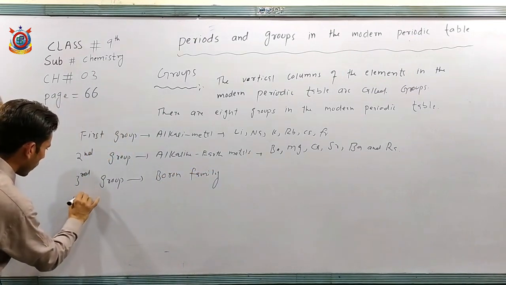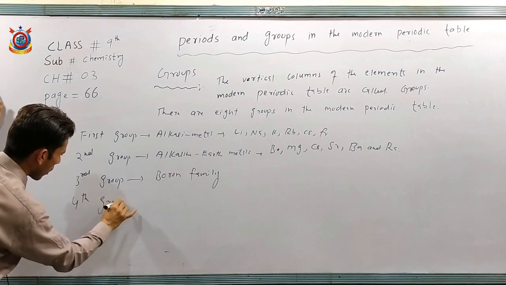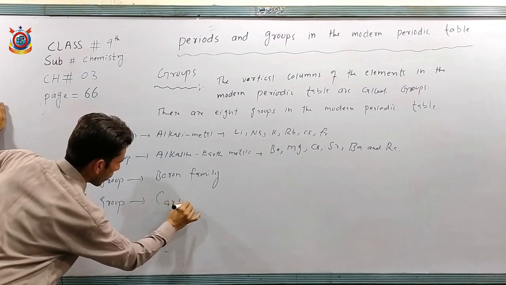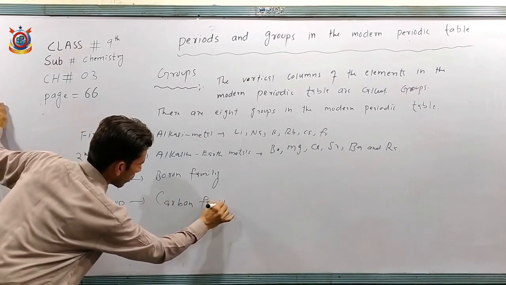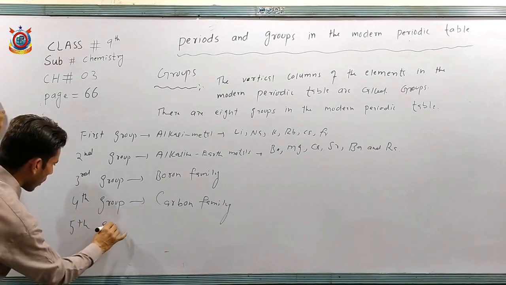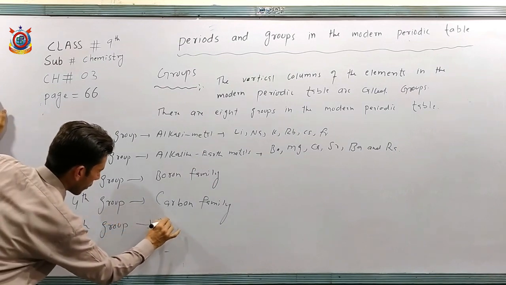Group fourth is called carbon family. Fifth group is called nitrogen family.